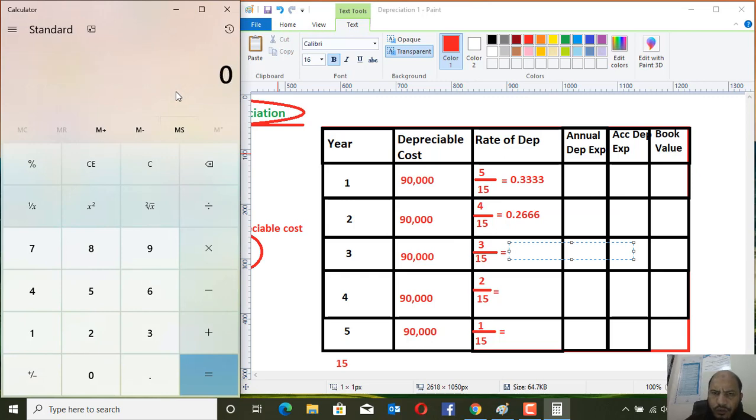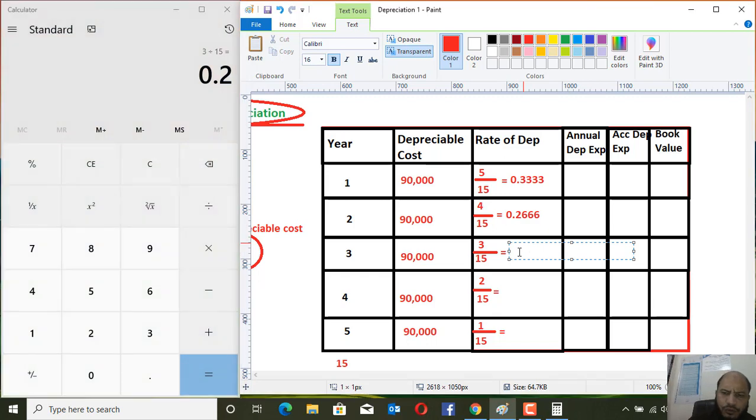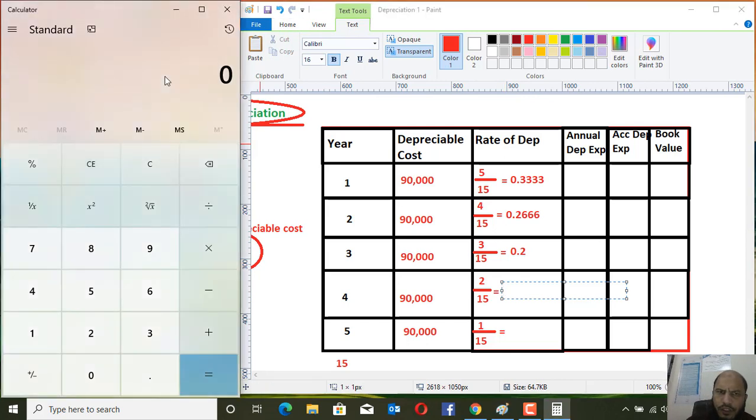Then we have 3 by 15. Let's do this over here. 3 divided by 15 is equal to 0.2. Now we will divide 2 by 15.